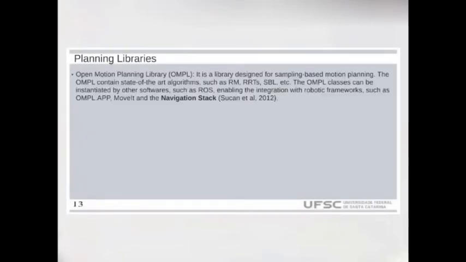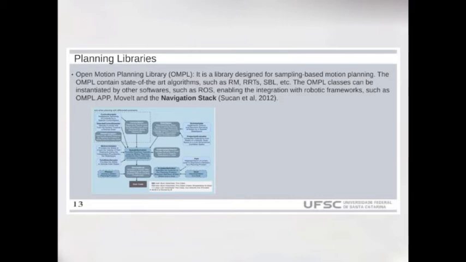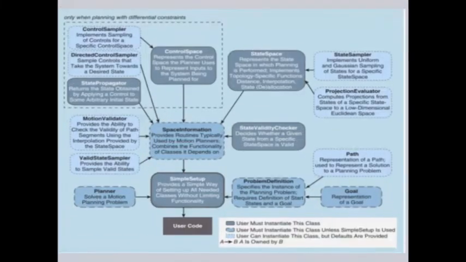What I found in the literature was always the Open Motion Planning Library, a very nice library with a lot of algorithms to compare, many more algorithms than I used in my research. So if you just wish to test algorithms in a very simple scenario, I really recommend OMPL.